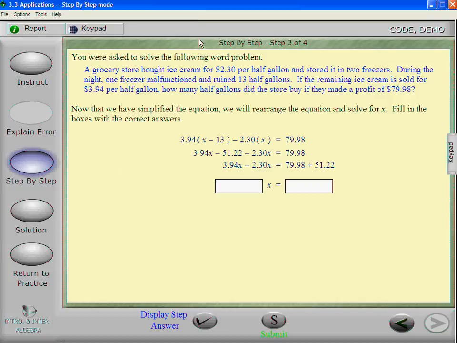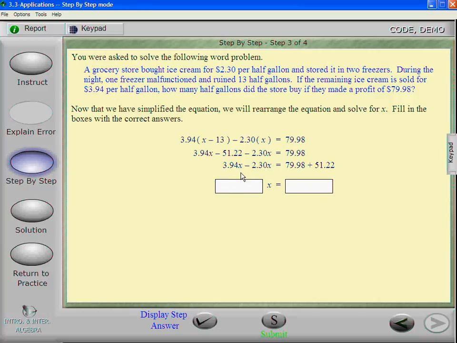Okay, and then what do we have here? After you combine like terms, well, let's see what they did. They took the 51.22 and added it to both sides, and they're saying, what do we have now on each side?